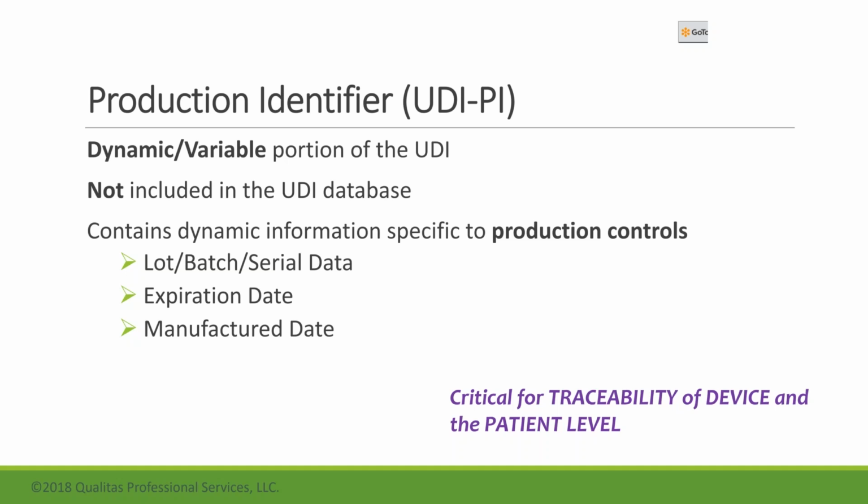This is a change from the original FDA UDI draft document that was sent out for comment. All that's needed in the FDA GUDID is that you identify what is used in your production identifier for a device, and that's going to be similar in the MDR as well.